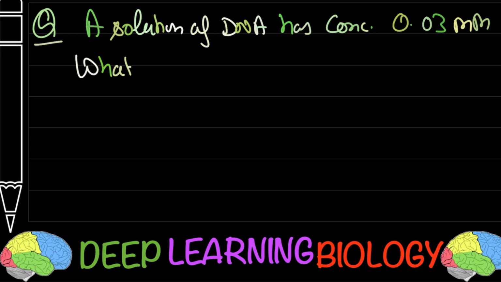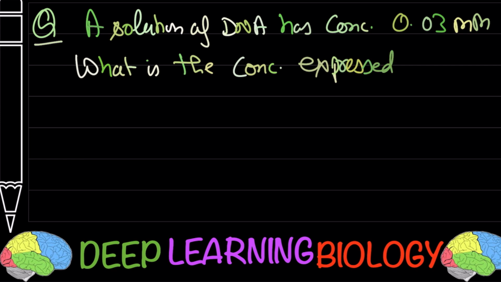What is the concentration expressed in picomoles per microliter? Here also you are going to have double stranded DNA, with concentration 0.03 millimolar.